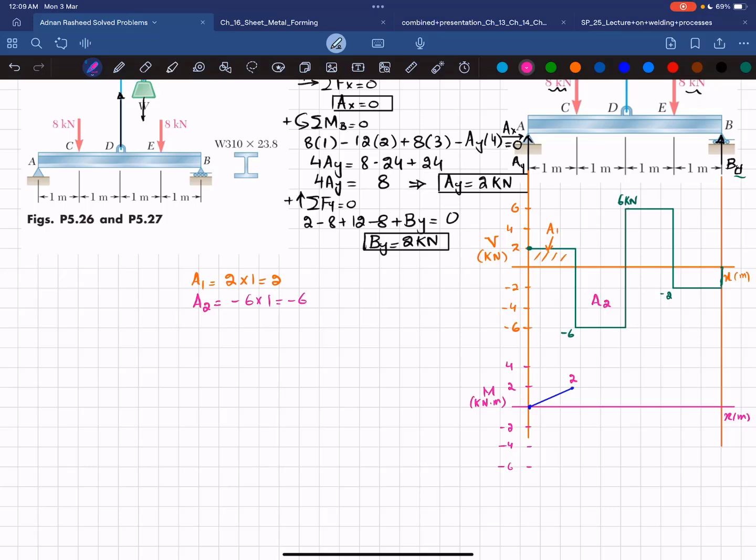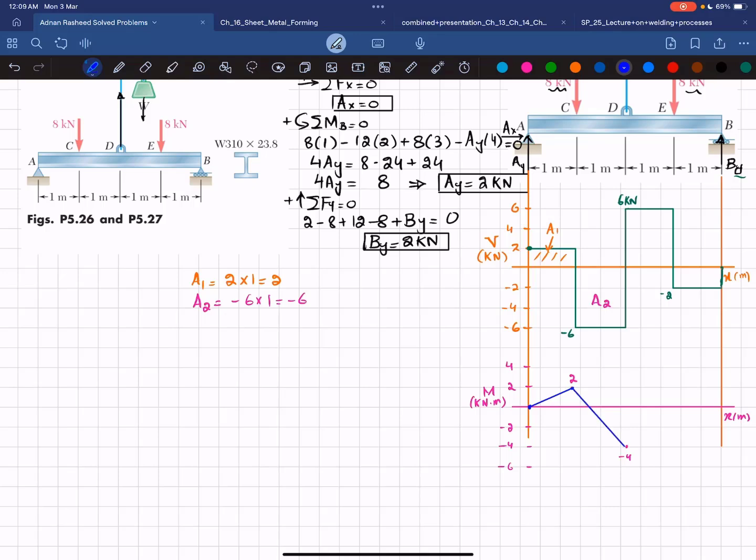So -4 will be at this point, your bending moment will be this one, -4. And again you can see this shear force is a horizontal line with 0 degree, and this area is negative, so bending moment will be 1 degree line and the slope will be decreasing, so you will get this straight line. Okay, let me join these 2 points.